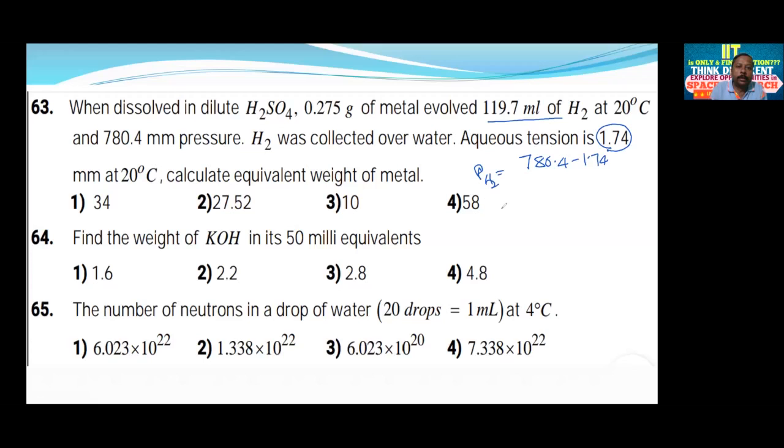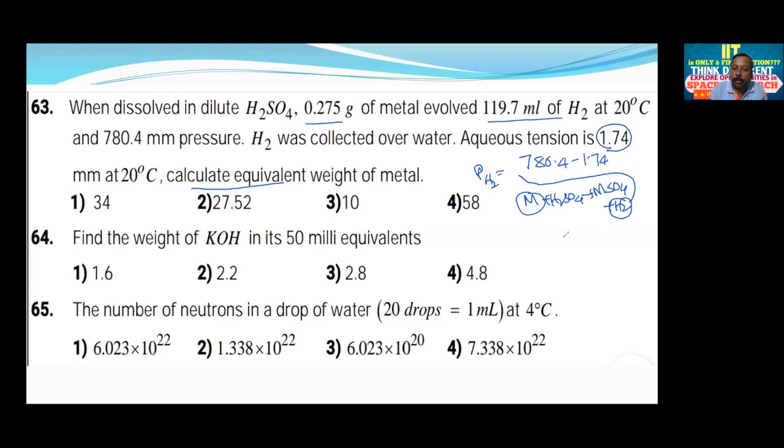And the metal evolved, then the equivalent weight of the metal. Simple, any metal plus H2SO4 will give MSO4 plus H2. Depending on the volume of hydrogen, you can calculate moles of metal. So that many moles is these many grams. Then 1 mole you can calculate.